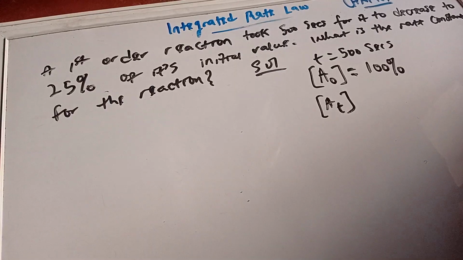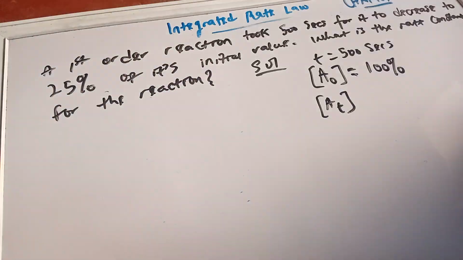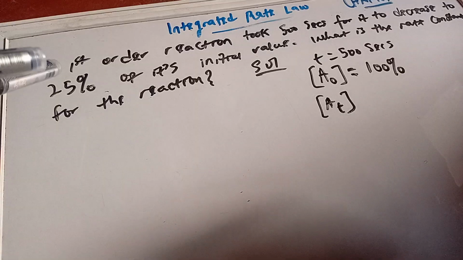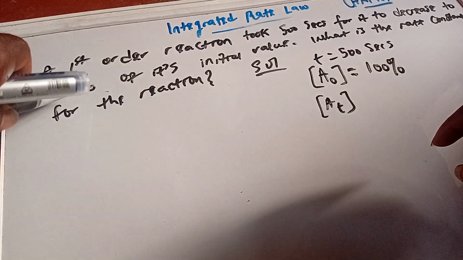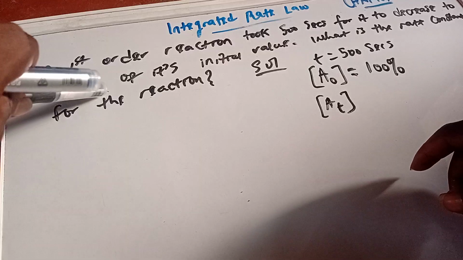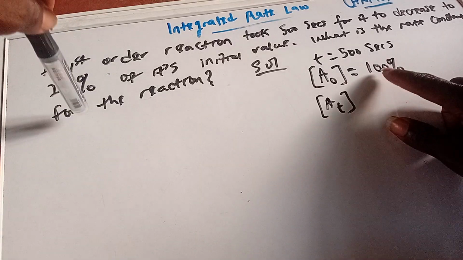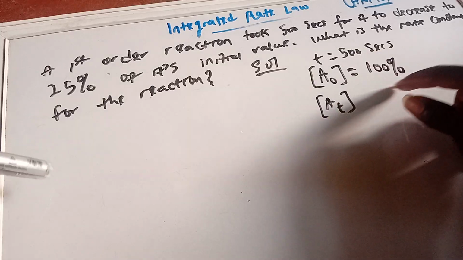What we need here is the concentration at a particular time t. The concentration at a particular time t is that part that is yet to be used. In a sense, the thing decreased to 25% of its initial value. This 25% is no longer concentration. It has been removed. The initial concentration is 100.